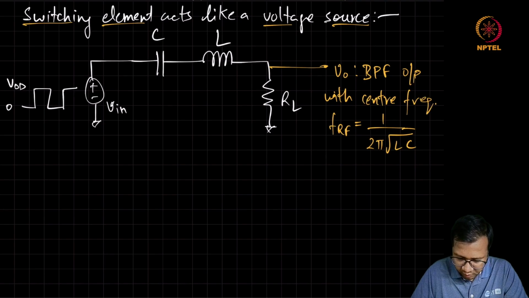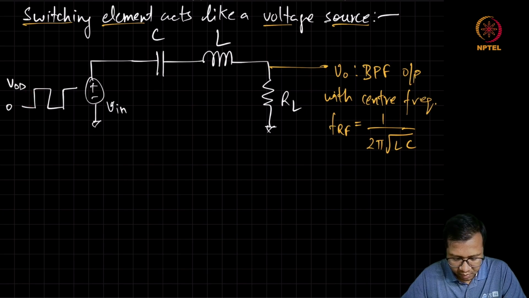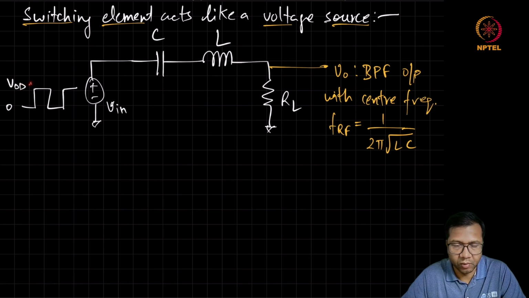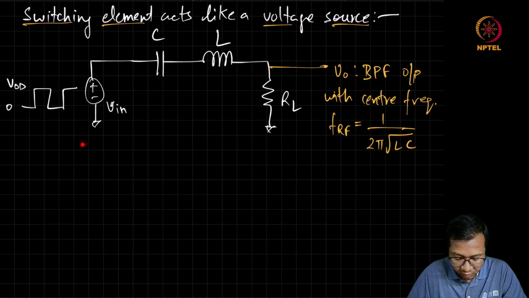So one simple way to change the output power is by changing the swing of this voltage source. But changing the swing of this voltage source will require either to use voltage regulator or add some extra drop in the switching path. Both of these approaches may give rise to lower efficiency because the source itself will be dissipating that extra power.